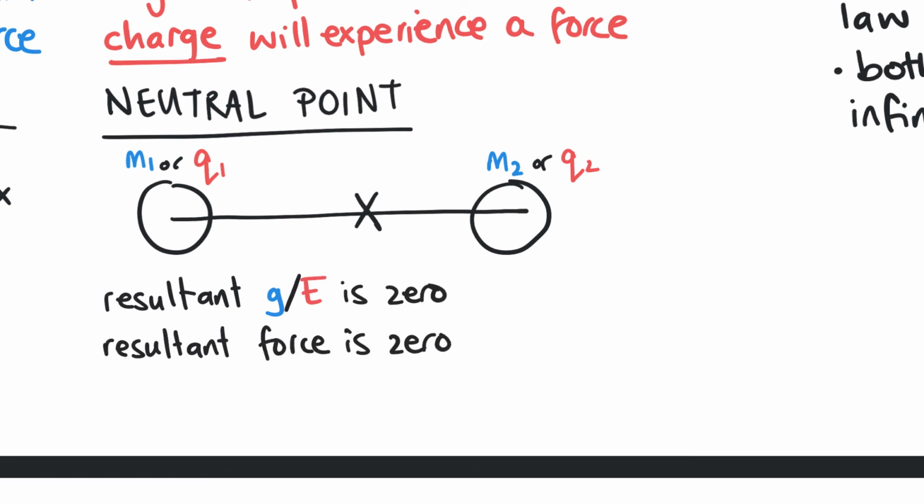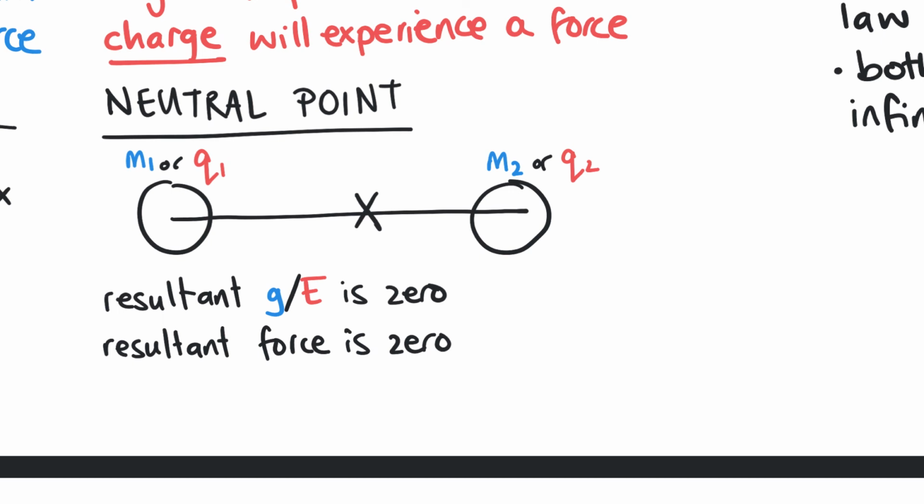So at a neutral point, the resultant gravitational field or the electric field strength is zero, which means that if we consider the gravitational fields, at this particular point, mass 1 is pulling at it with the same force per kilogram as mass 2.